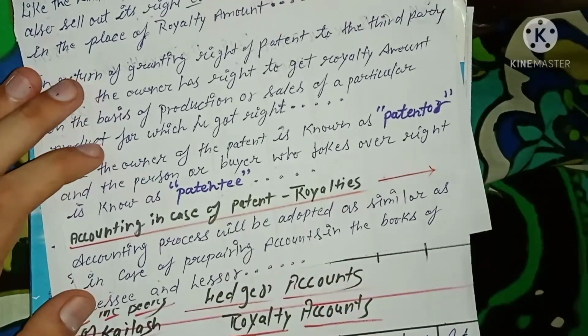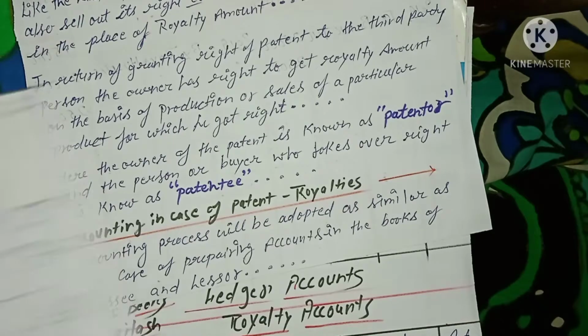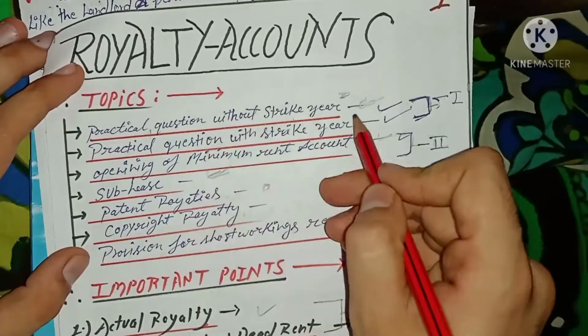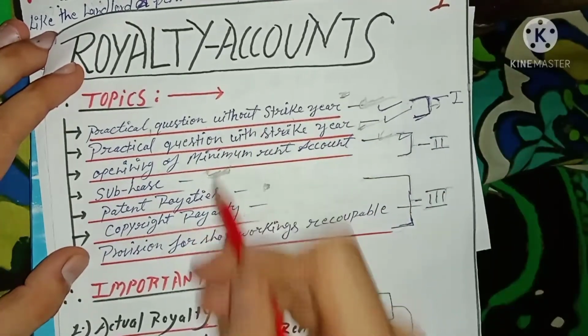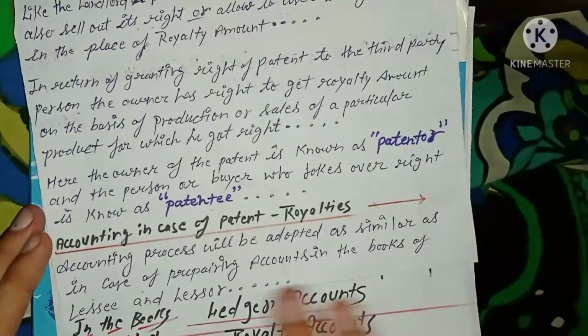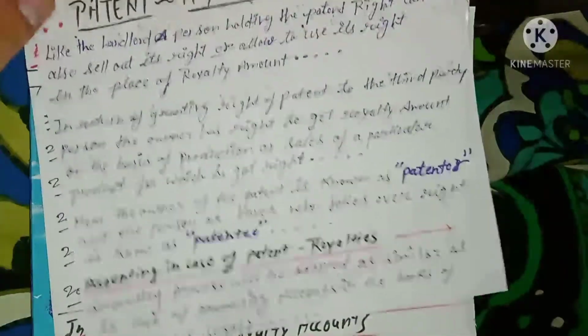We just have to do all that we used to do earlier when solving practical questions regarding the first, second and third topics, and in the case of sublease. All the topics are similar as per the accounting process. So let's move on to the question.